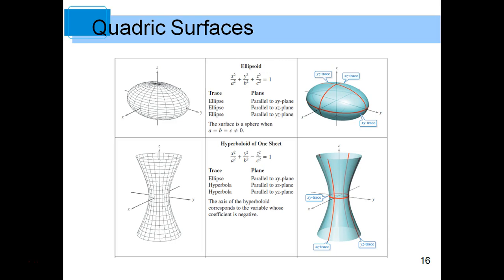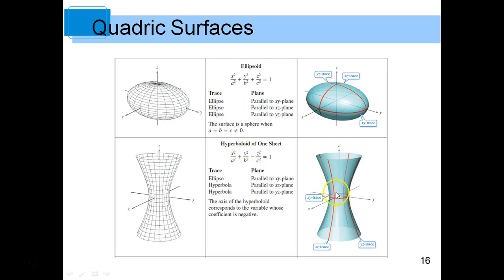The hyperboloid of one sheet, you'll notice that I'll have a z missing, well, on this particular graph, but the variable that has the negative, that is the axis that the hyperbola is revolving around, right? So this has the negative z in this example, so I am revolving around the z.